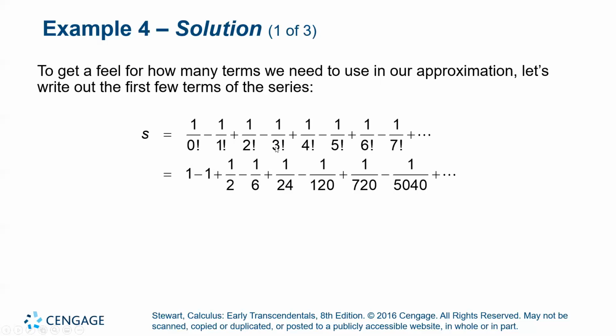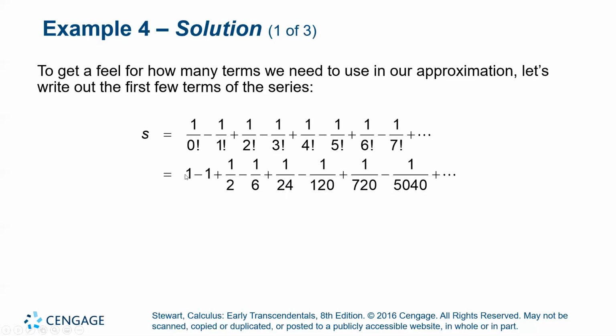For example, 3 factorial is 3 times 2 times 1. 4 factorial is 4 times 3 times 2 times 1. So 6 times 4 gets us to 24. 24 times 5 gets us to 120. 120 times 6 is 720, and 720 times 7 is 5,040.